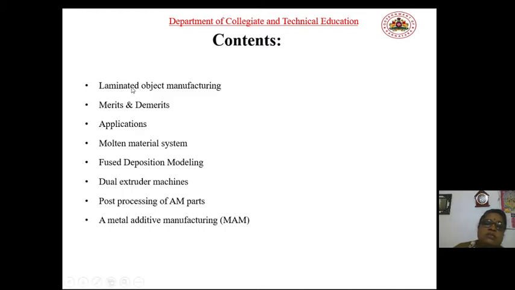In this, these are the things which I am going to highlight: the laminated object manufacturing system, merits and demerits of laminated object manufacturing system, applications, and also, when it comes to the classification of additive manufacturing systems, the molten material system, fused deposition modeling, dual extruder machines, and also the post processing of AM parts. Metal additive manufacturing systems, well known as MAM.